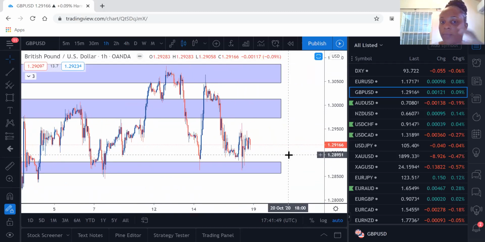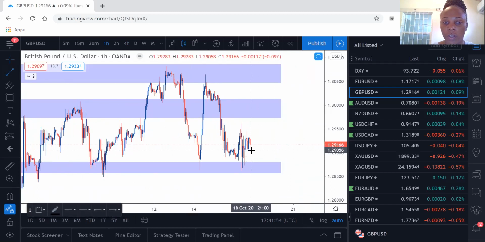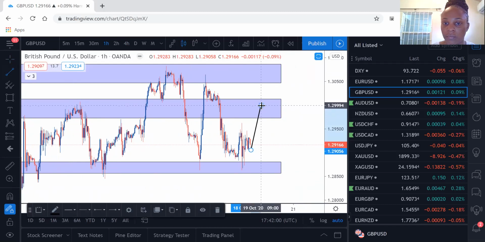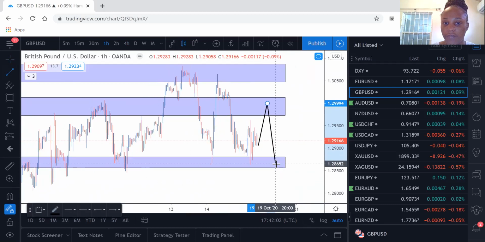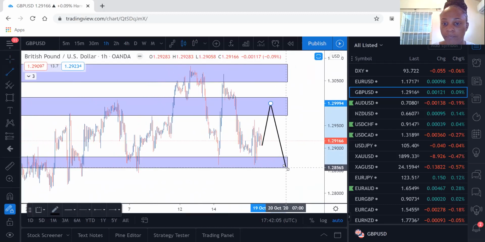Right? So now I am looking for a right shoulder to form. And my right shoulder, I'm looking for it to come up to my previous left shoulder resistance and then give me the drop.